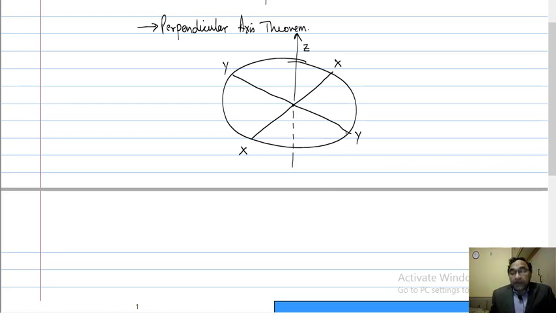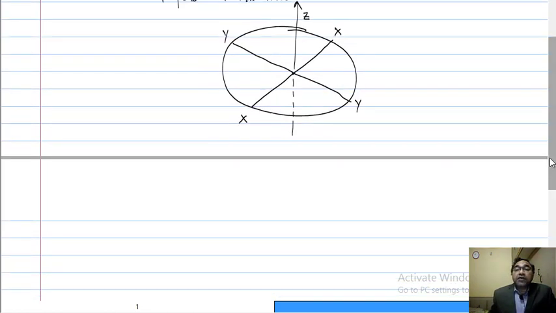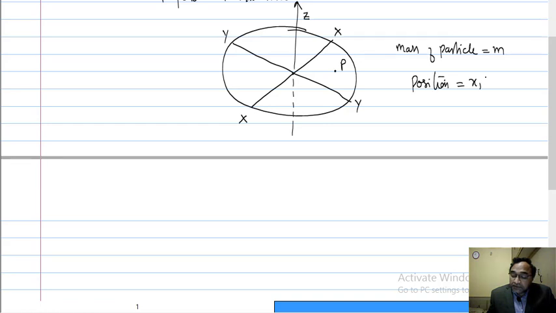Now, let us say we have to find out moment of inertia about Ix, Iy. They are the axes which are contained in the plane of the body. So, let us consider one particle at point P. The mass of the particle, let this be small m, and position, let this be x comma y, the coordinates we can say.